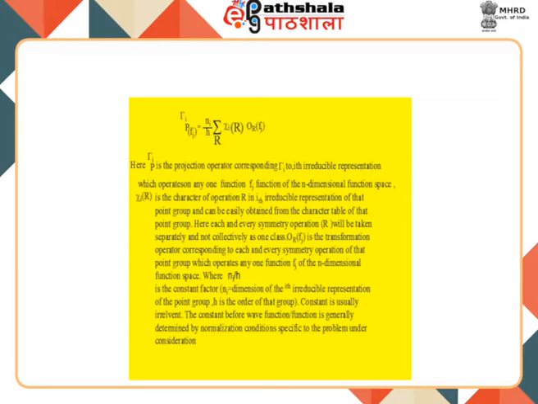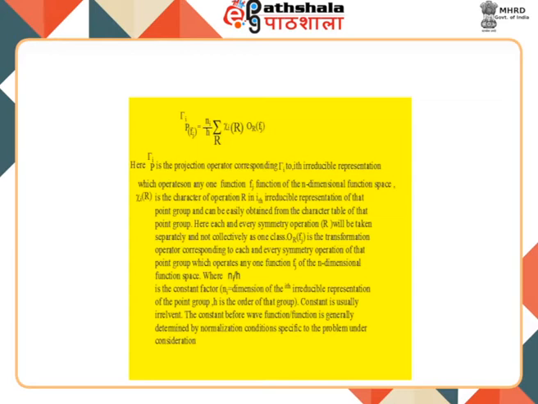We require the characters of the desired irreducible representation, and also we need the transformation operator corresponding to R which acts on the function space. And here, ni upon h is the constant factor, ni is the dimension of the ith irreducible representation of the point group, h is the order of the point group.